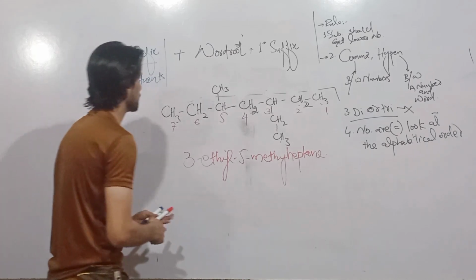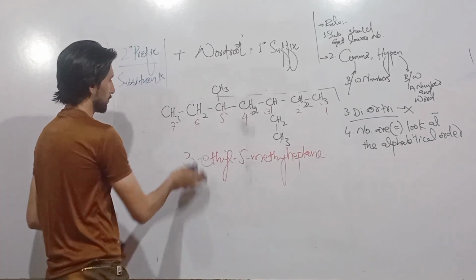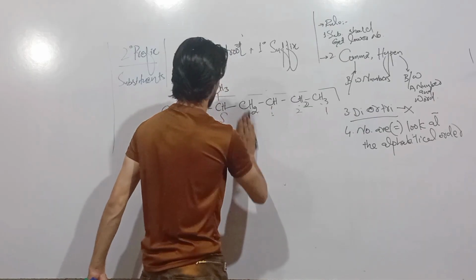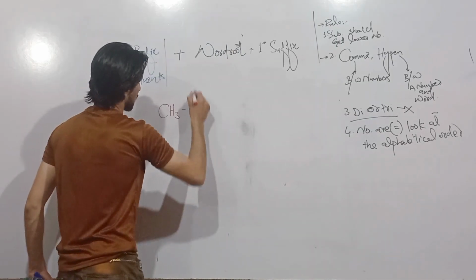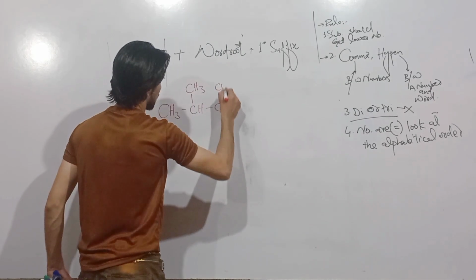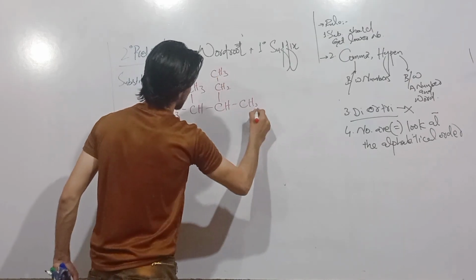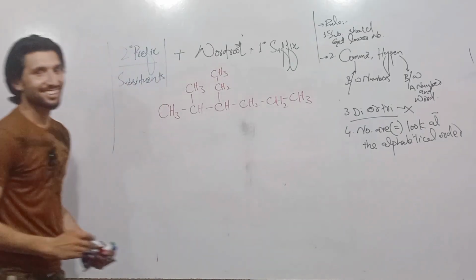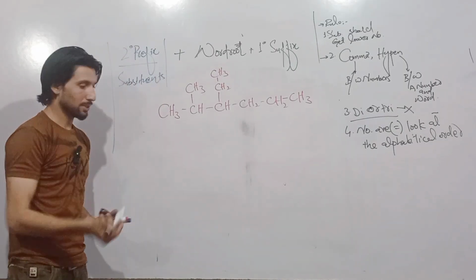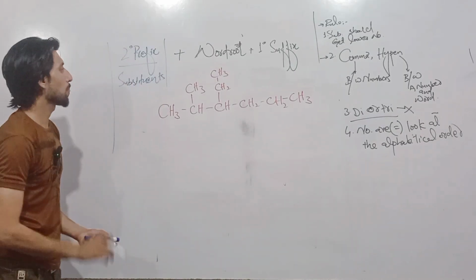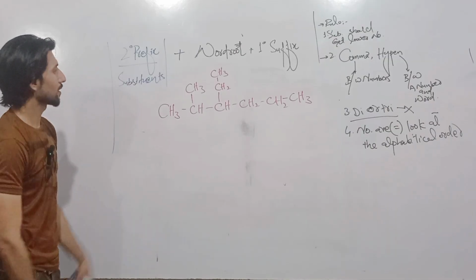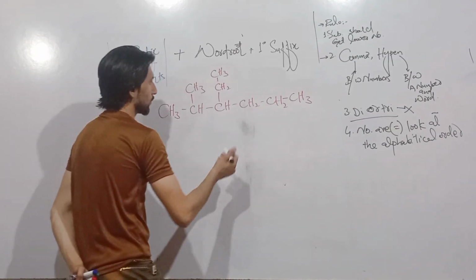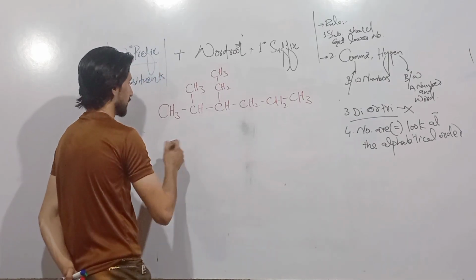Okay, we make a bit of change in this compound and ask you to name it. Now you must number and name this compound. So now we have the option to opt for the longest carbon chain.